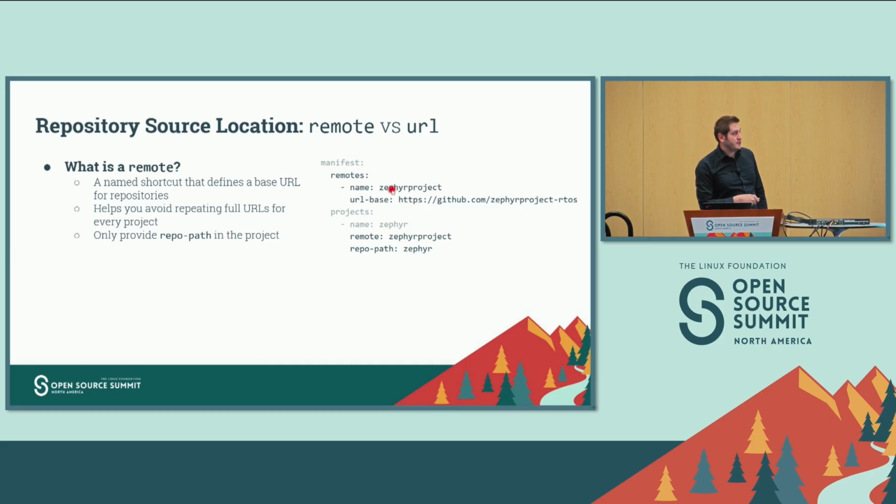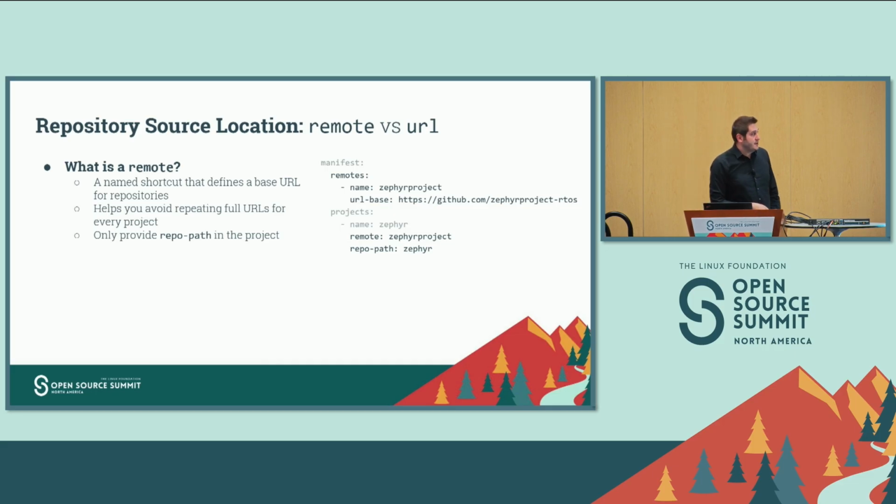You can call it whatever you want, but the name should match the name that you have here. If you have multiple projects, they share the same URL base, which is the case most of the time. You can reuse the same URL, and if you migrate to a different Git or a different place, you just change the link here, and it will easily set up the rest.